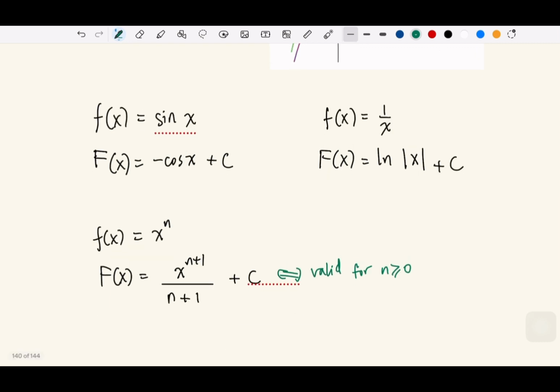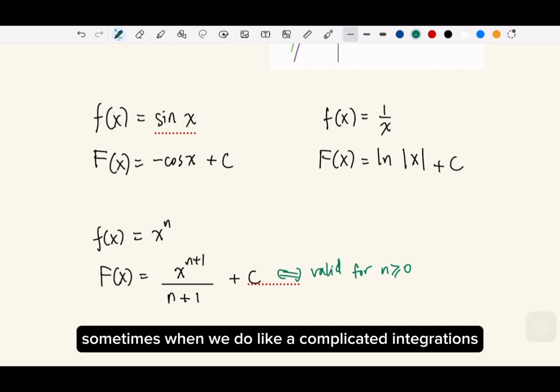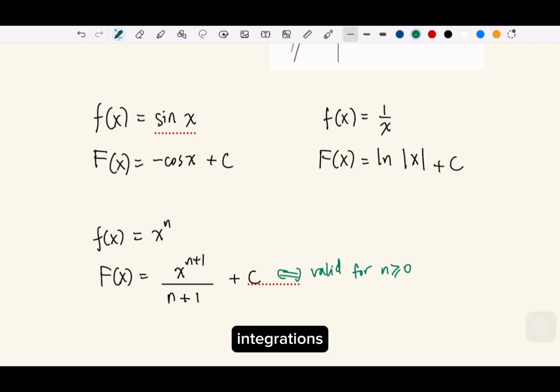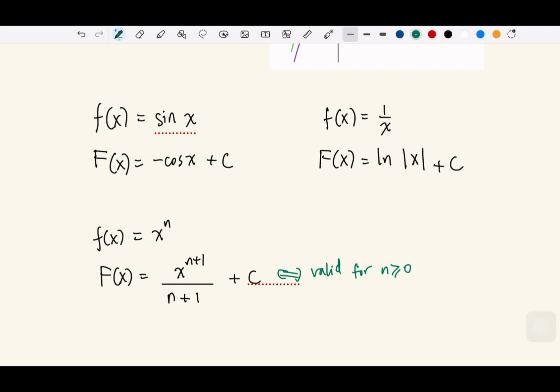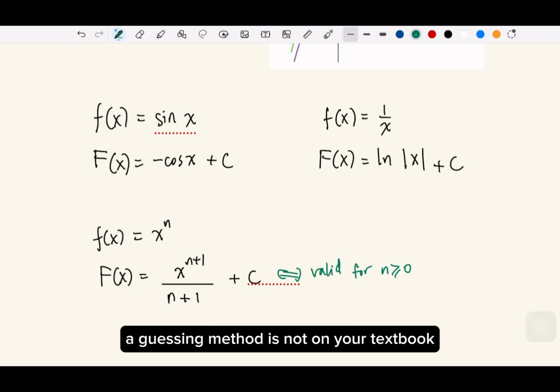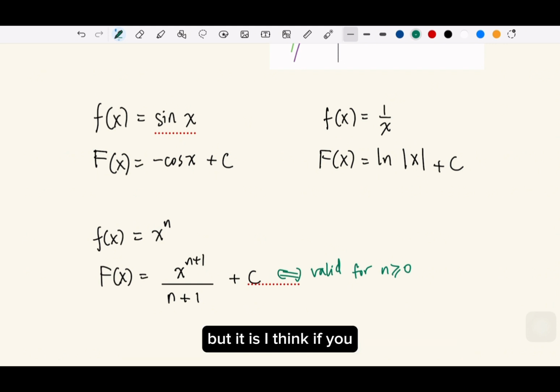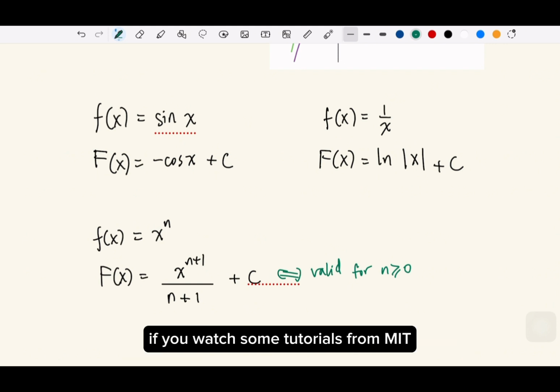And this logic, sometimes, when we deal with complicated integrations, if you can arrange the structure of your integrations, this logic is sometimes helpful. You can think what kind of functions, when you derive, become that one, and then you can try. We call this a guessing method. It's not in your textbook, but if you watch some tutorials from MIT, they mention this technique.